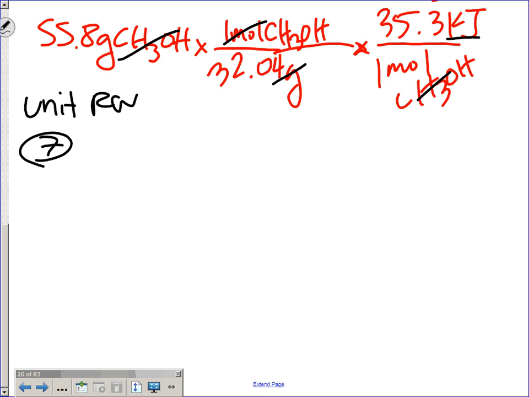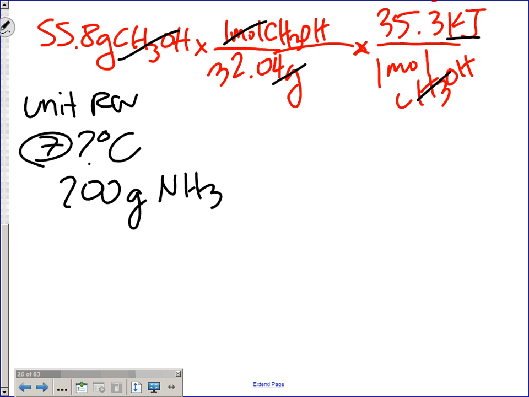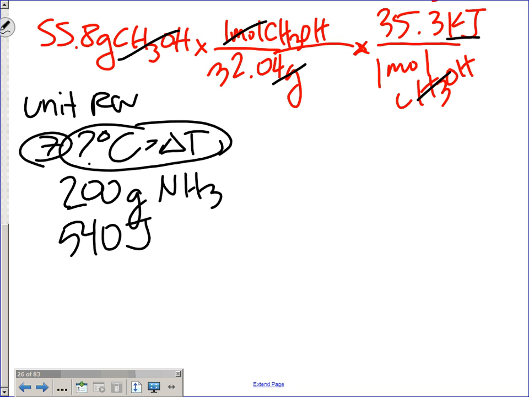How many degrees Celsius will the temperature of 200 grams of ammonia increase if it absorbs 540 joules of energy? So the question is what's the temperature change, so it's asking for delta T. If I have grams and I have joules, and it's asking for temperature change, what equation do I have to use?